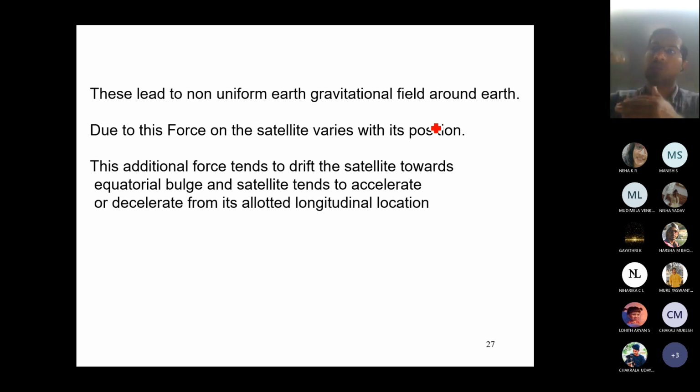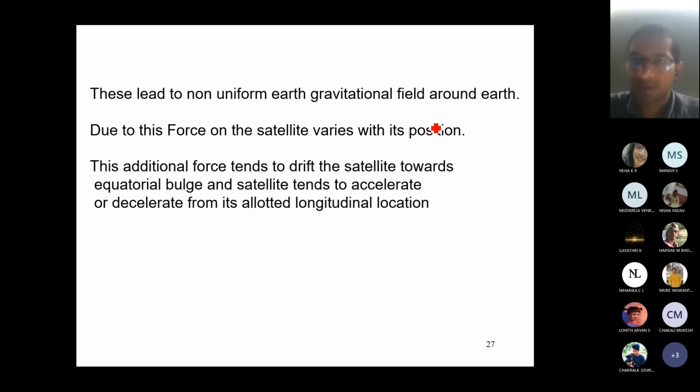So when the satellite moves to higher latitudes, that means to the northern or southern hemispheres, it will experience a high gravitational field. With that high gravitational field, there will be acceleration and deceleration.